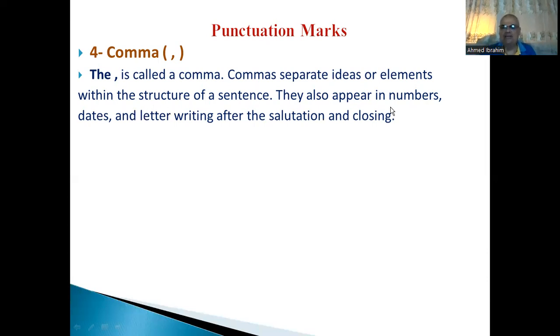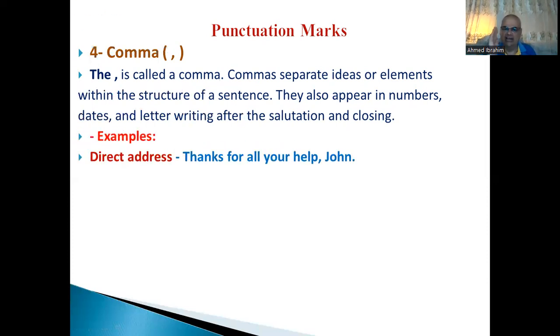They also appear in numbers, dates, and letter writing after the salutation and closing. Example: direct address. Thanks for all your help, Jim.